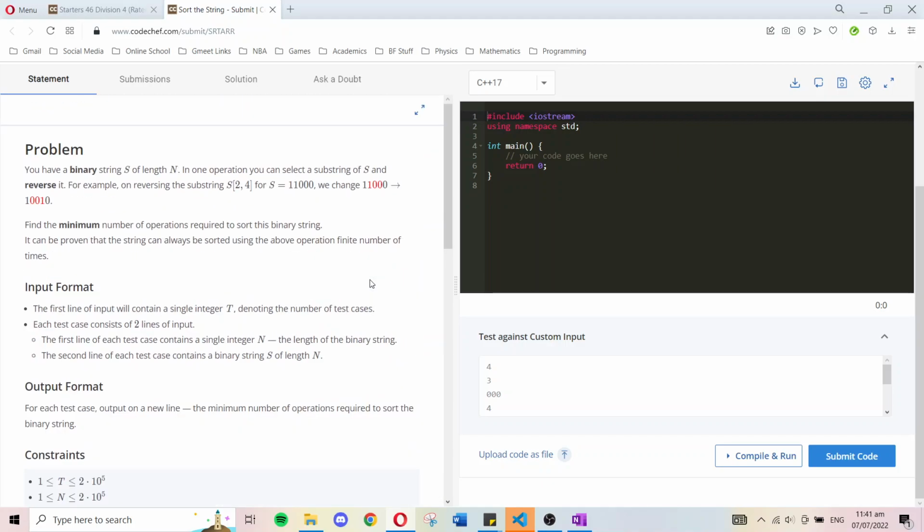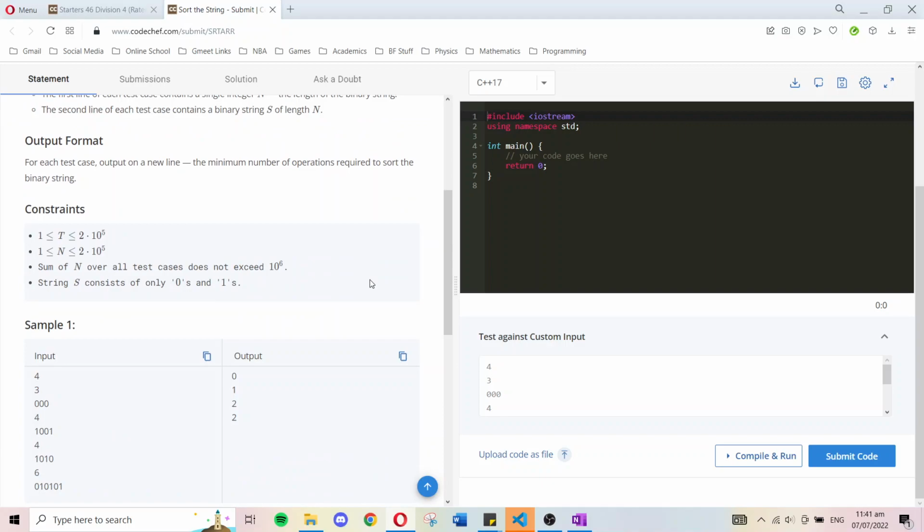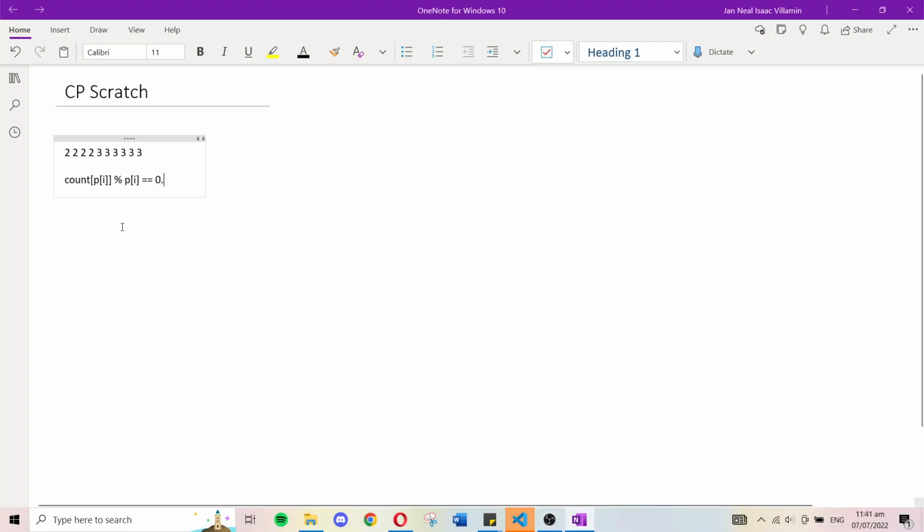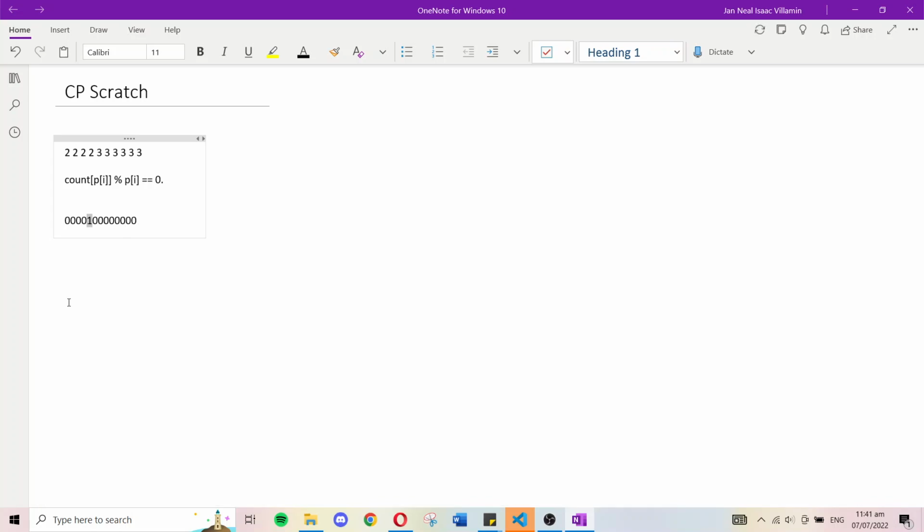So what is the idea in this problem? The idea is that if you have some binary string, the only time where it's not sorted is if there is a 1 and it is followed by zeros, right? Because it's a binary string. That's the only time where it's not sorted, if you have some form of 10000.